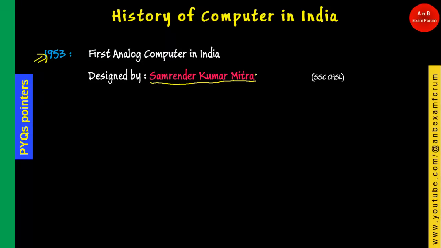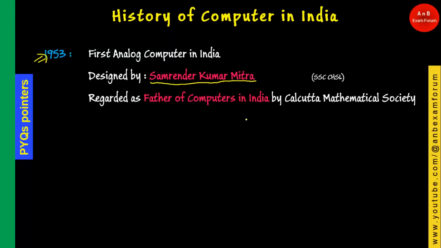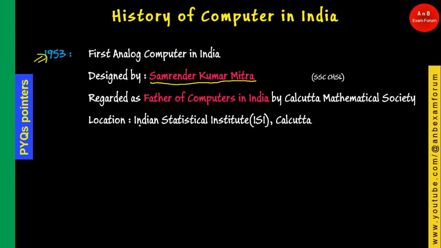He was a mathematician working in the Indian Statistical Institute in Calcutta, nowadays known as Kolkata. He designed the first analog computer there, and he is sometimes regarded as the father of computers in India by the Mathematical Society of Calcutta.